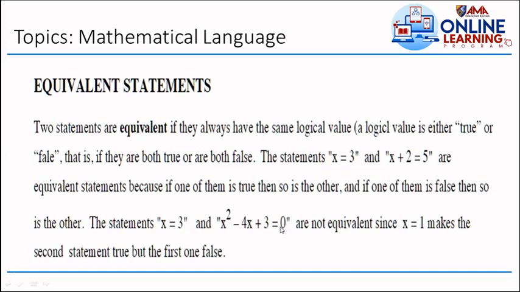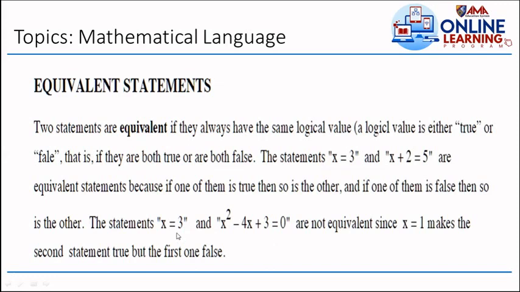But our second statement, x squared minus 4x plus 3 is equal to 0, is true when x is equal to 1. Okay? So if we substitute it here, 1 squared is 1, minus 4 multiplied by 1 is 4. So 1 minus 4 is negative 3, plus 3 is equal to 0. So therefore, 0 is equal to 0. So your statement 2 is true, but your statement 1 is not true.